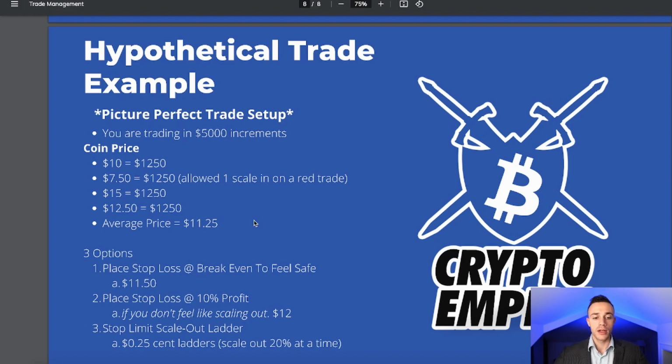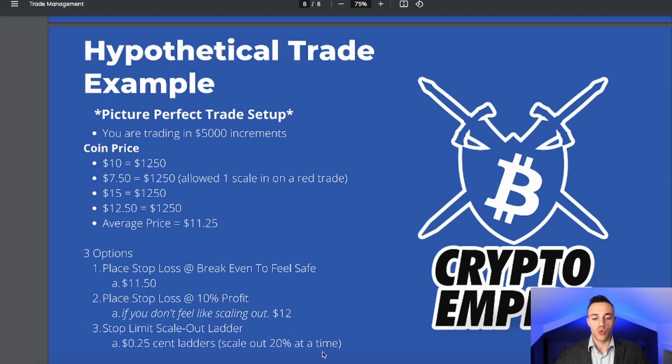It's very simple. The current price is $12.50, right? That's the last price we purchased at, and that's where price currently is, $12.50. And the average price is $11.25. So we subtract $11.25 from $12.50, and we get $1.25.